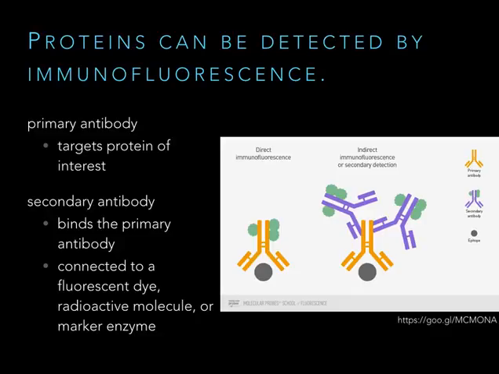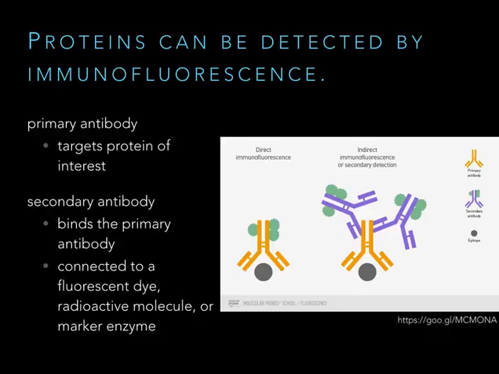And then the little green circles might be some fluorescent molecule, where when you shine a blue light on it, it emits green light. And then you can use some fancy filters to detect green light, which shows you where your fluorophore was, which shows you where your antibody was, which shows you where your protein of interest was.